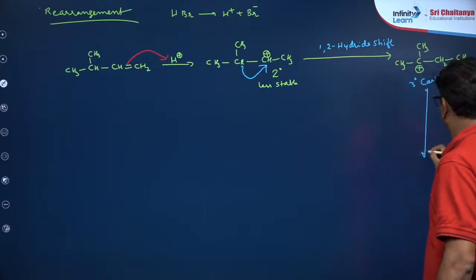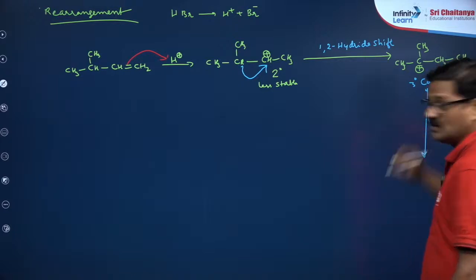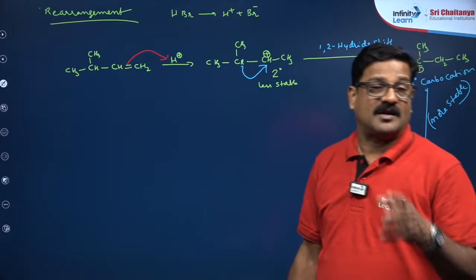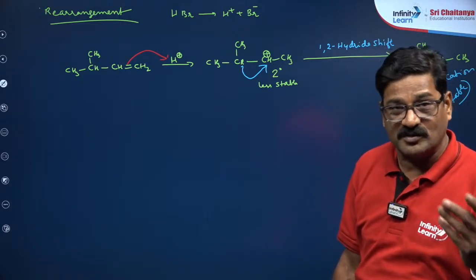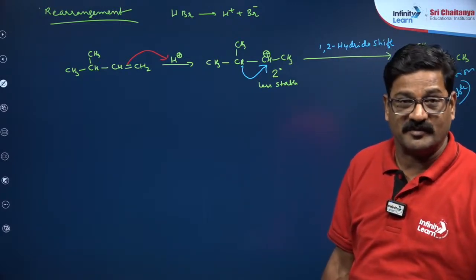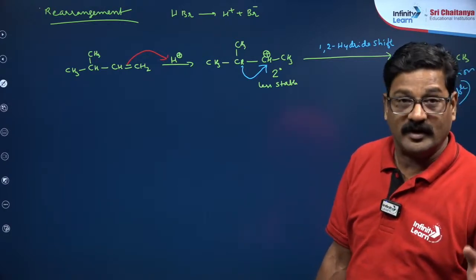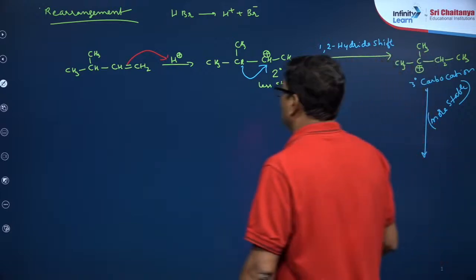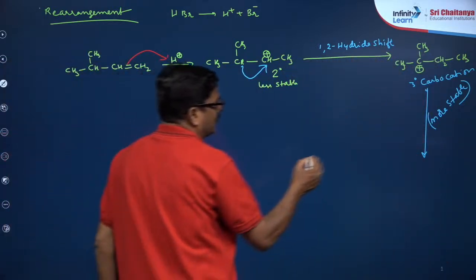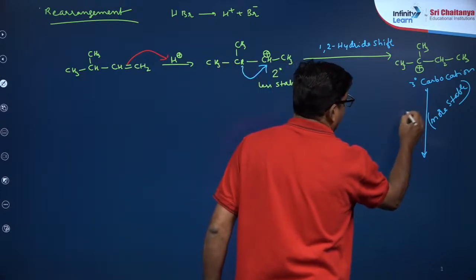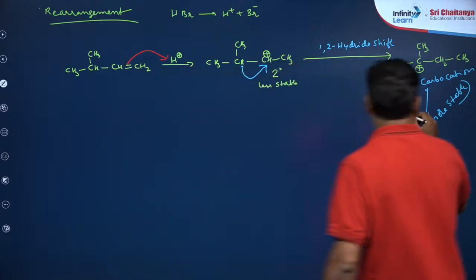This carbocation, I know, is more stable. Tertiary carbocation is more stable than secondary carbocation, which is more stable than primary carbocation, because of hyperconjugation as well as the positive inductive effect, right? So if Br minus attacks, Br minus is going to attack from here to here.